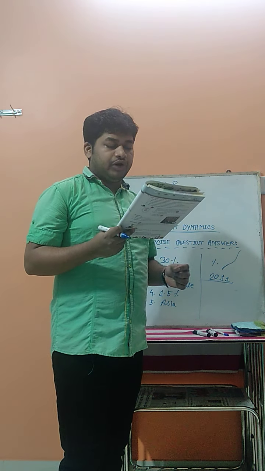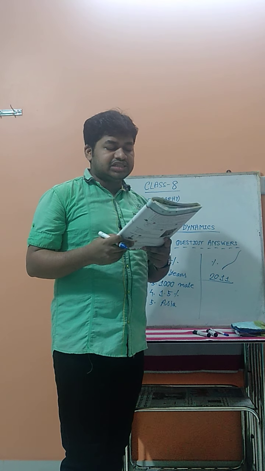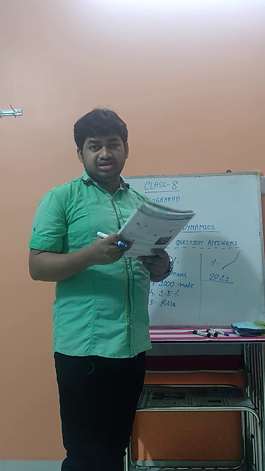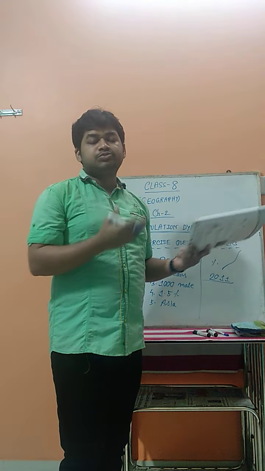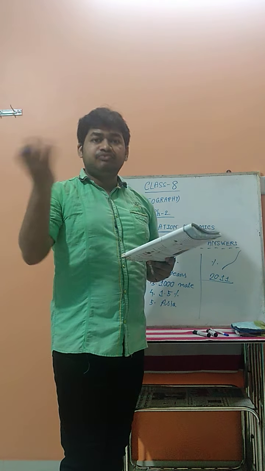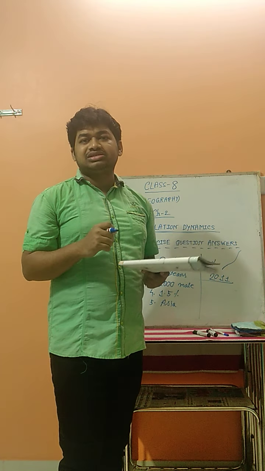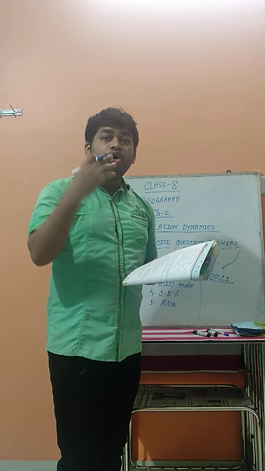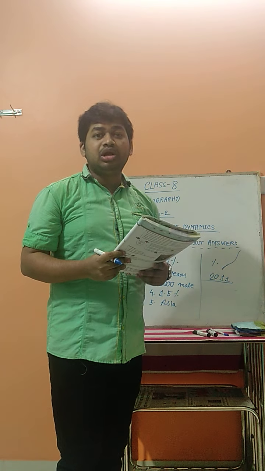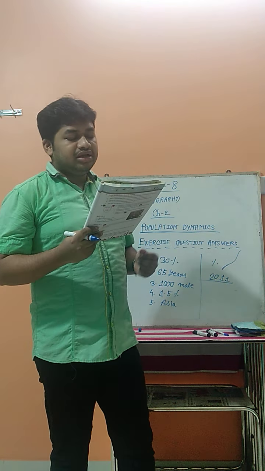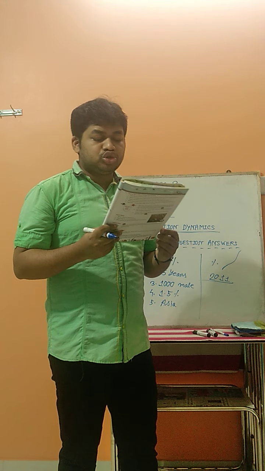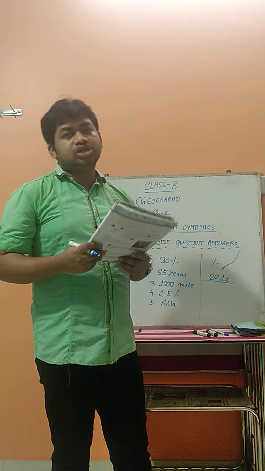Now, next is the true or false. The urban areas have less population than the rural areas. Is it true that urban areas have less population than rural areas, the village areas? No, it's false, because urban areas have more population than rural areas. Second one, literacy is the ability to read and write. Is it true?